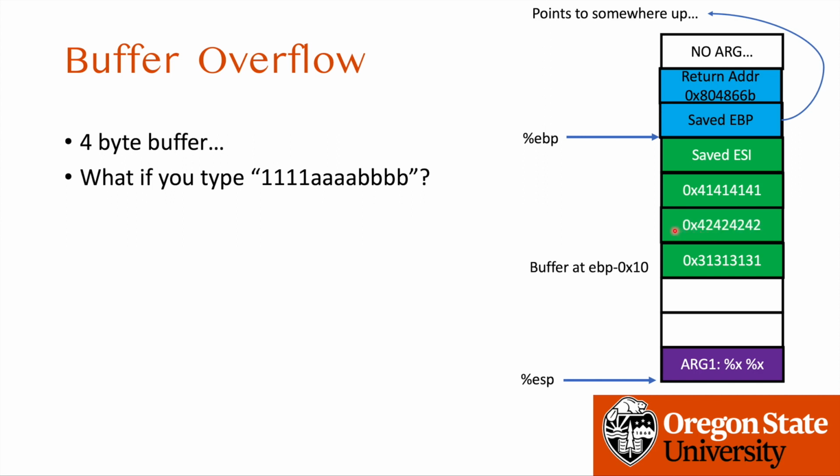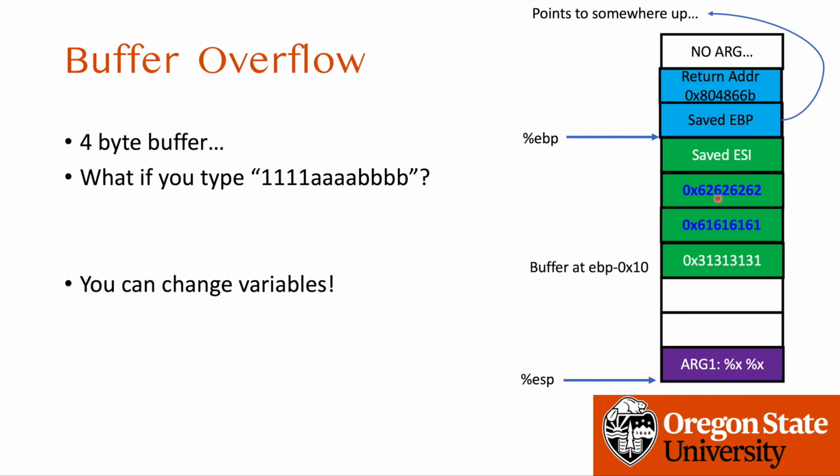So you just saw that we have a buffer right here. First 1111 overwrites the buffer. This is legit, but the next 4 characters, AAAA, will unintentionally overwrite the local variable stored right next to the buffer. And then the next one, BBBB, will overwrite another local variable next to that.